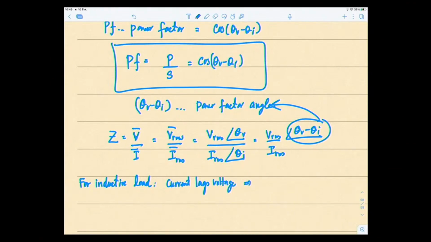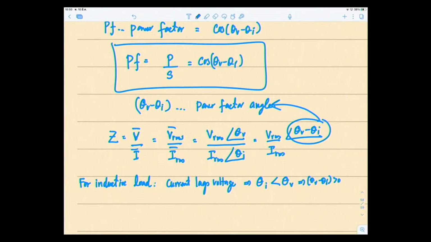That means your theta I, the phase angle for your current, would be less than the phase angle of your voltage. That means your theta V minus theta I would be positive, because theta V is greater than theta I.